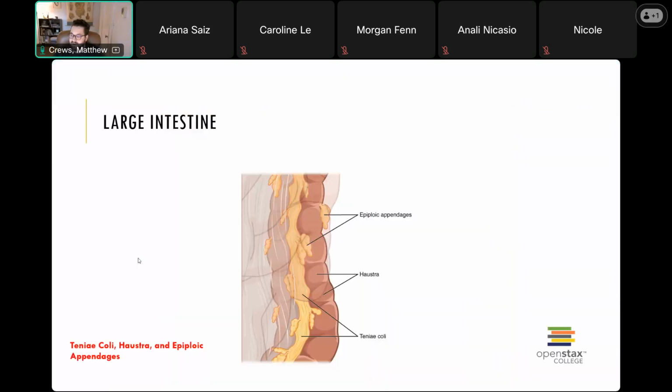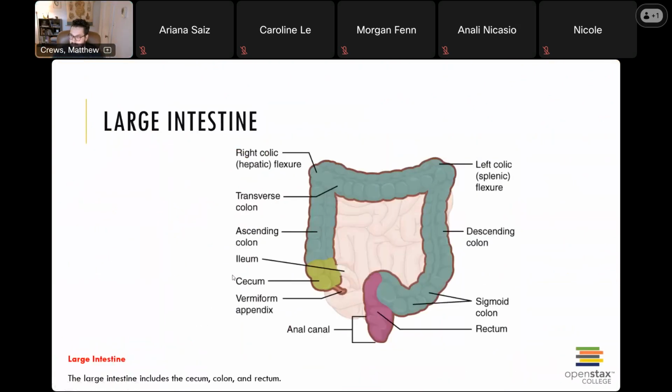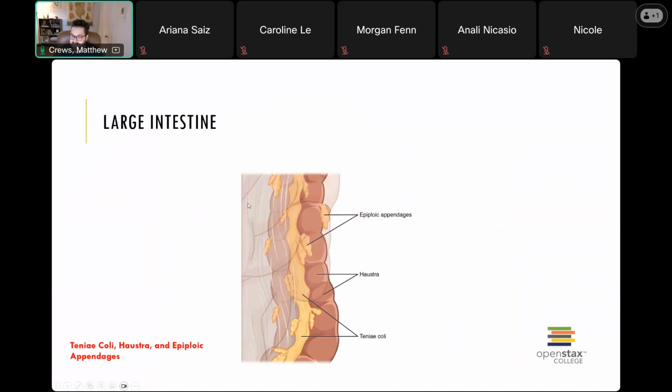Let's see if I go back and you can see it. All right, this little flat line right here, it's straight, okay, and it goes all the way through. That is called the taenia coli, right? All right, and those are just little anatomical terms, but these are specific to the colon or the large intestine, and they don't exist on the small intestine. Okay.